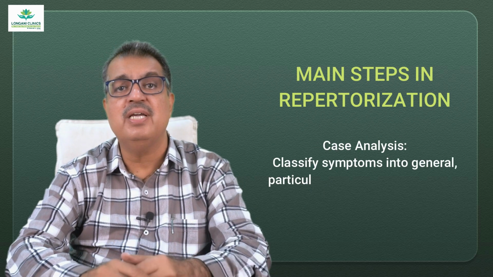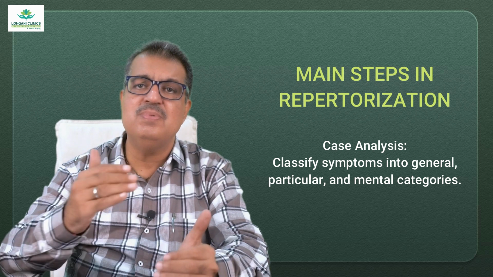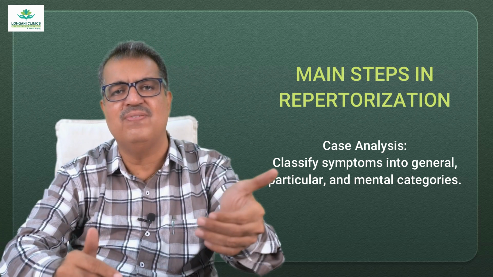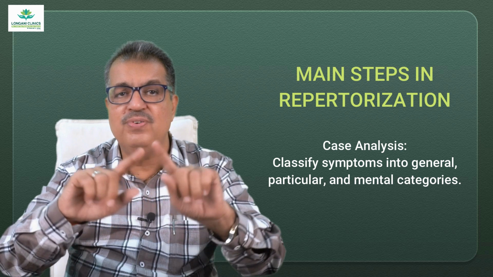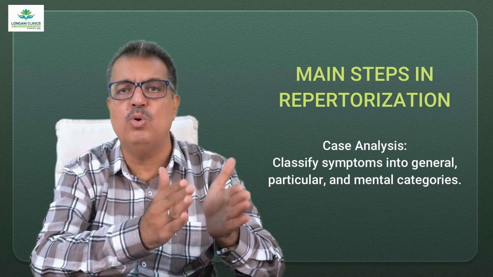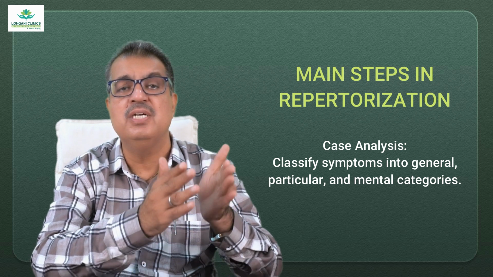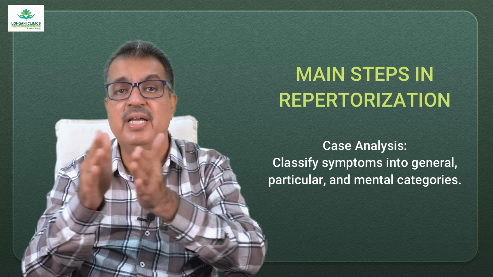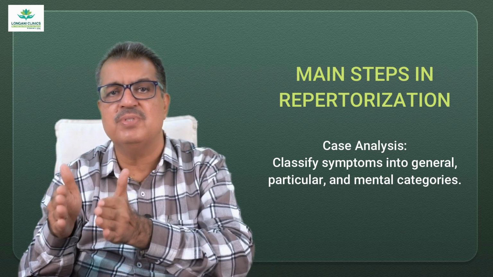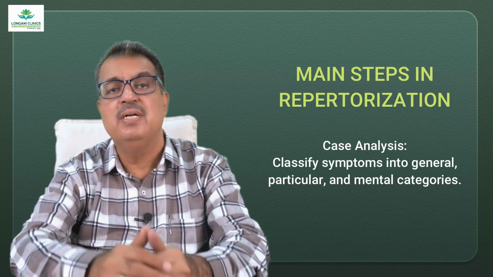Then comes the case analysis. After case taking, symptoms are analyzed and classified. The physician differentiates between general symptoms relating to the whole person. For example, heat intolerance, desire, sleep. Then come the particular symptoms relating to specific organs or parts.